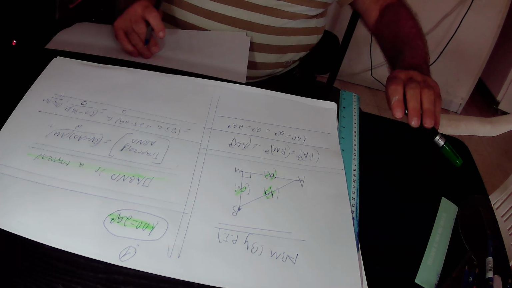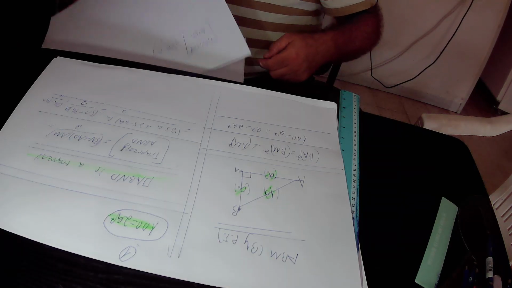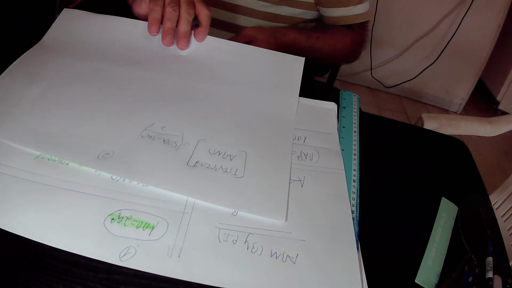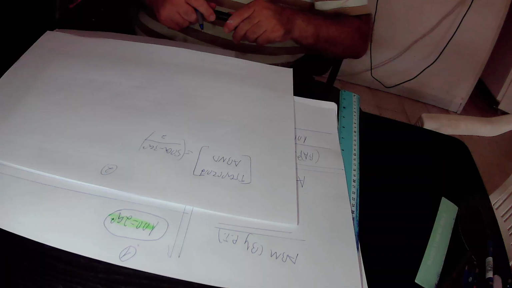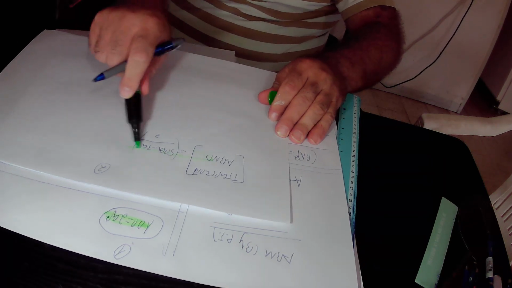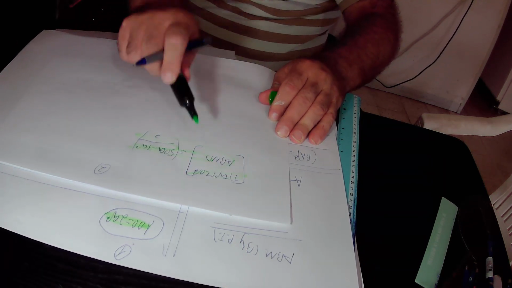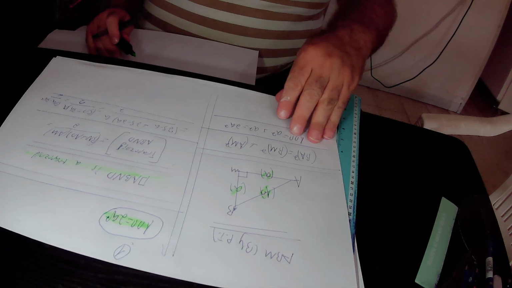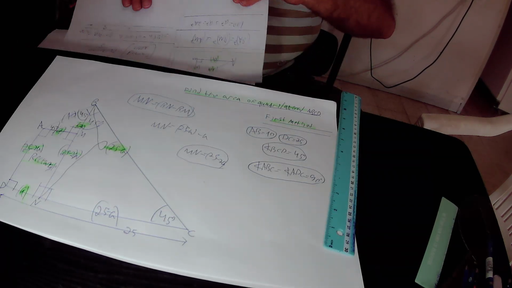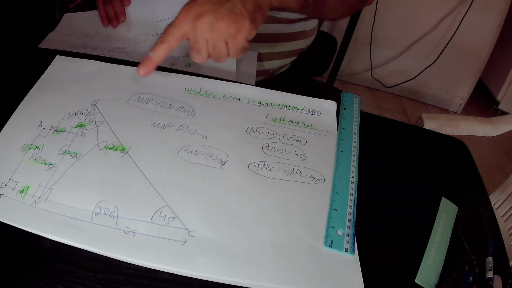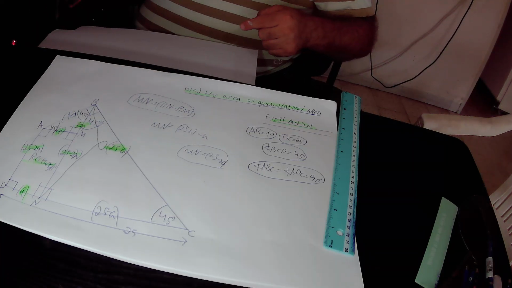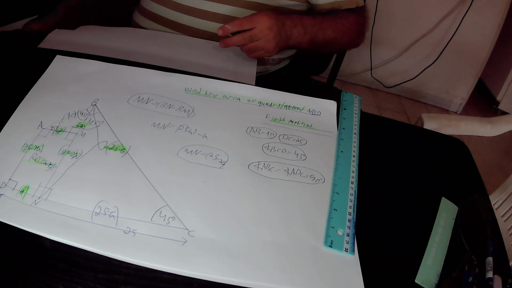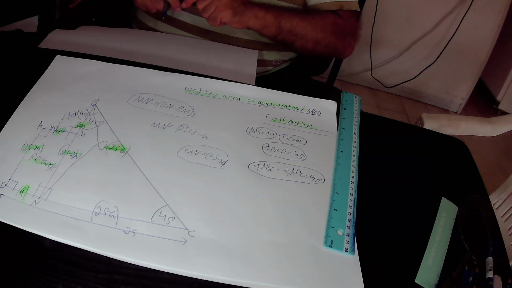And again, we found out that the area of trapezoid ABND equals 50A minus 3A squared over 2. Our task is to find out the area of this quadrangle ABCD. So what is the area of quadrangle ABCD?